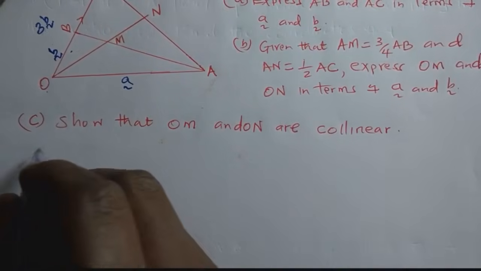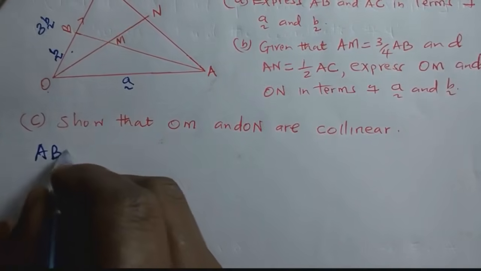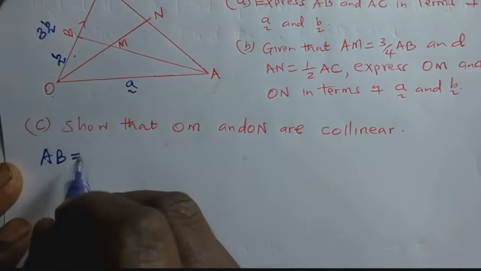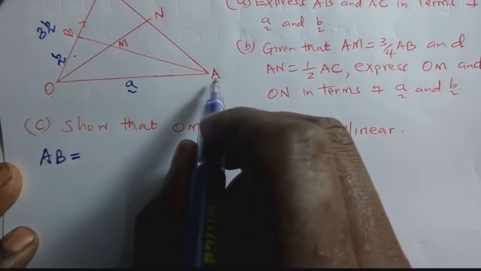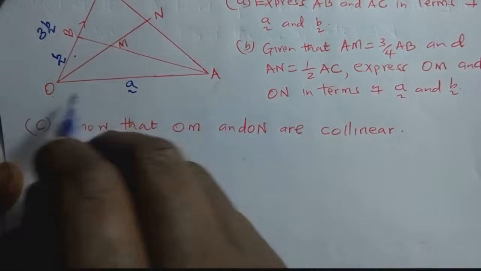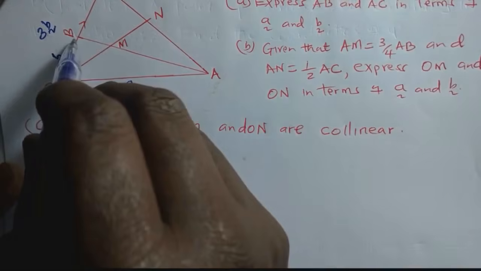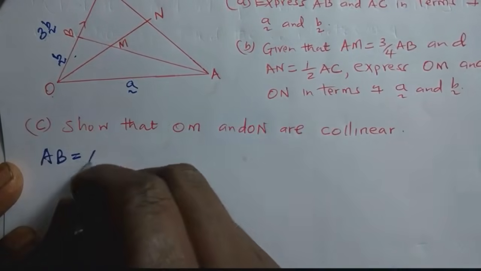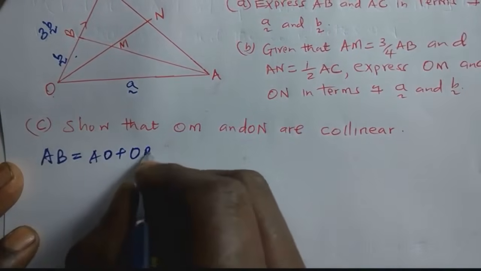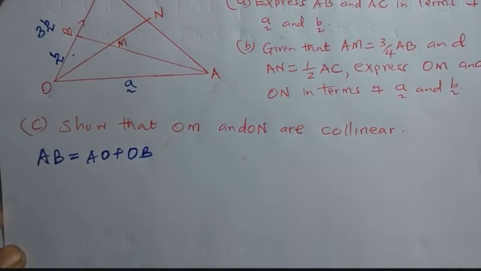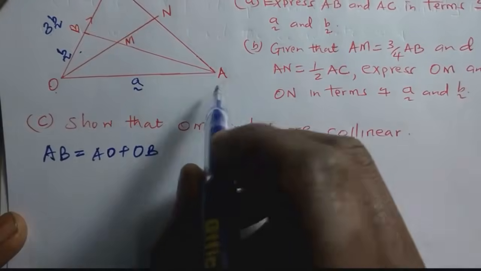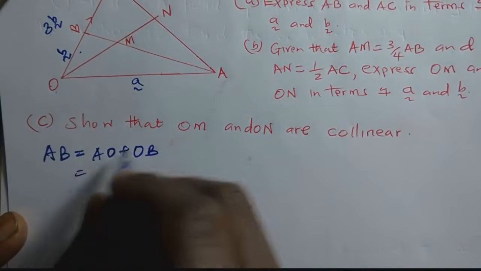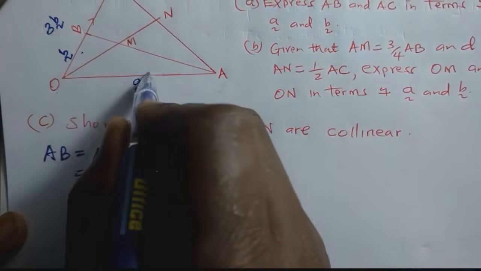So AB is equal to AO plus OB. Remember, this vector is going OA.